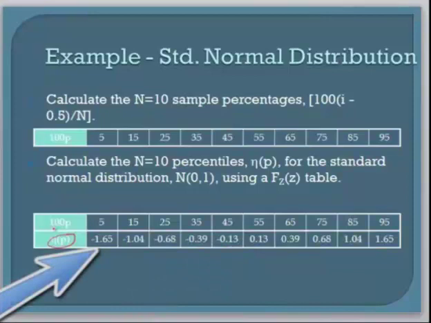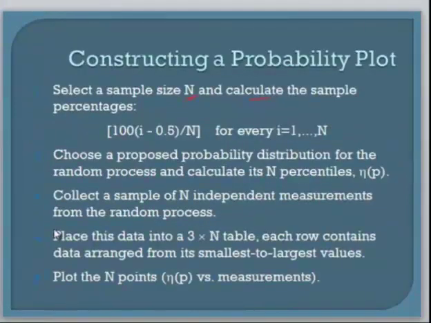So basically we're just putting into a table that the fifth percentage point right here is at 1.65.